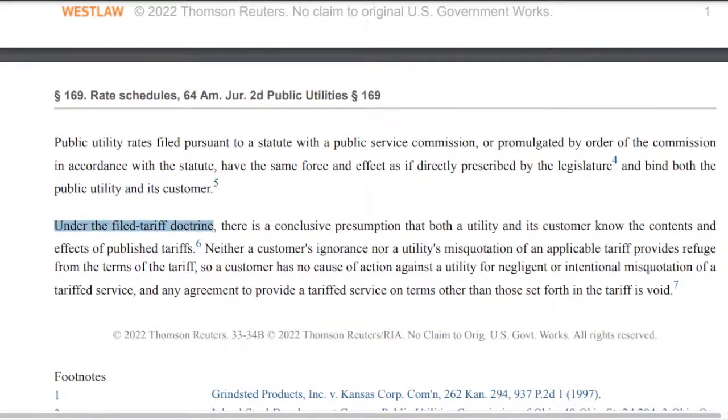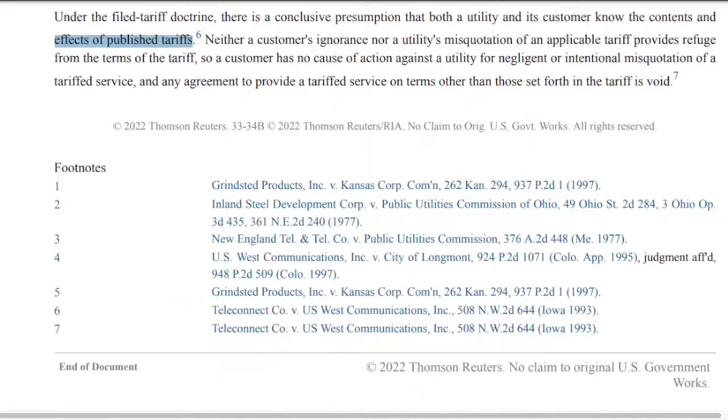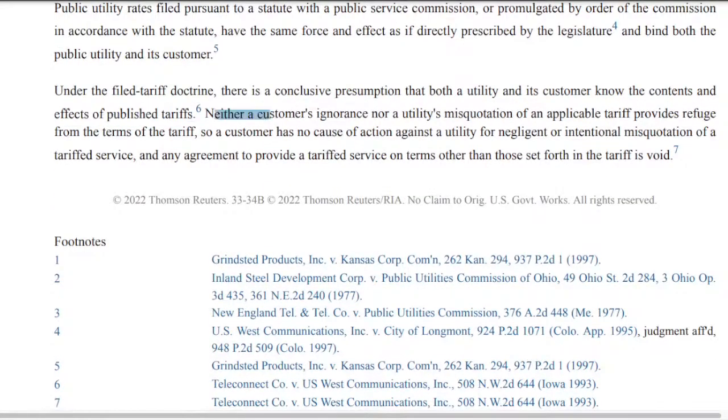Under the filed tariff doctrine, there is a conclusive presumption that both a utility and its customer know the contents and effects of published tariffs. Number 6. That's Teleconnect Company versus U.S. West Communications, 1993 in Iowa. Neither a customer's ignorance nor a utility's misquotation of an applicable tariff provides refuge from the terms of the tariff.